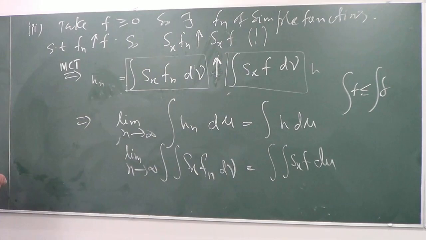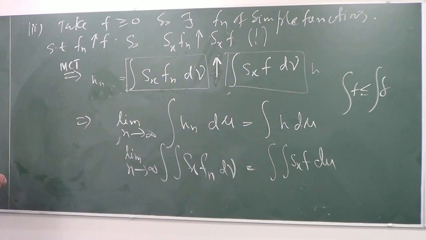See, these are the sections of the simple functions, and you have this iterated integral. And for the simple functions, we have proved that the iterated integral is equal to the integral of that function with respect to the product measure. So this would be the same as saying that the limit as n goes to infinity of the integral of Fn d mu tensor product nu is equal to the same quantity.